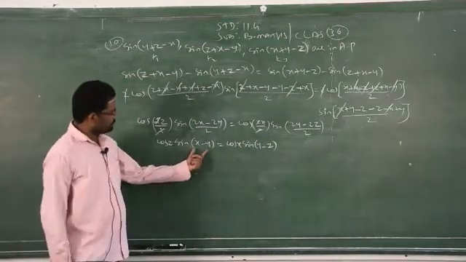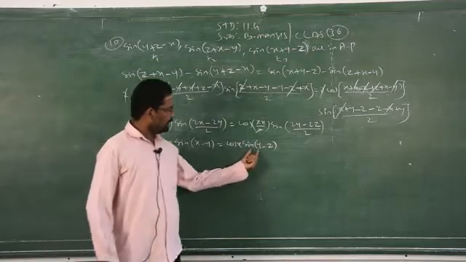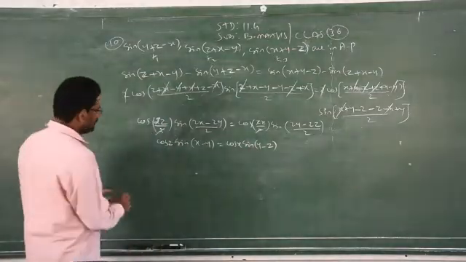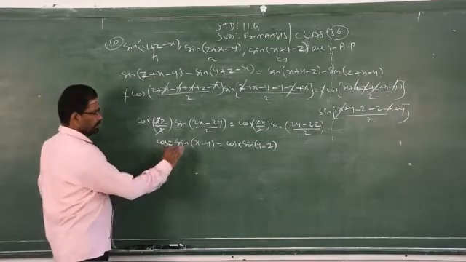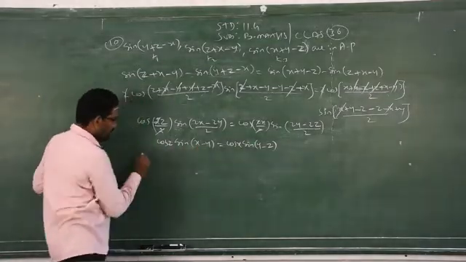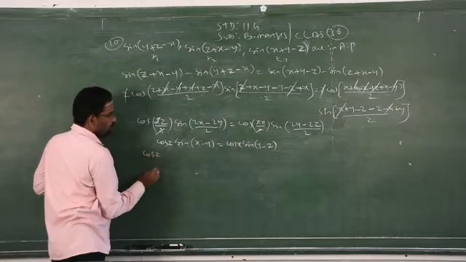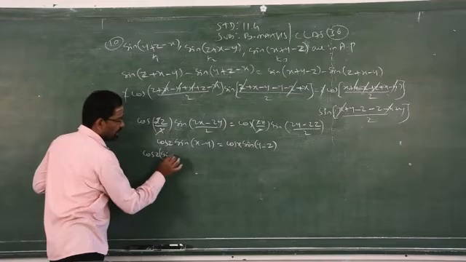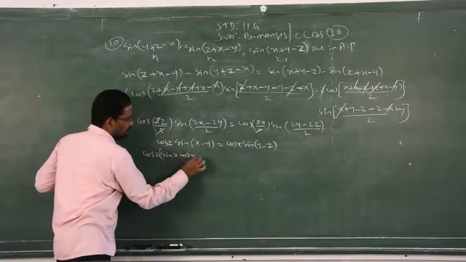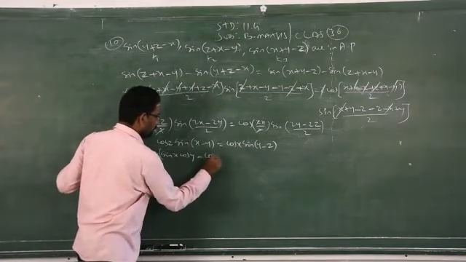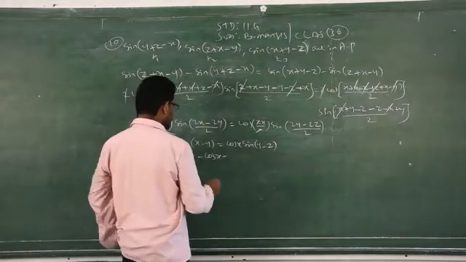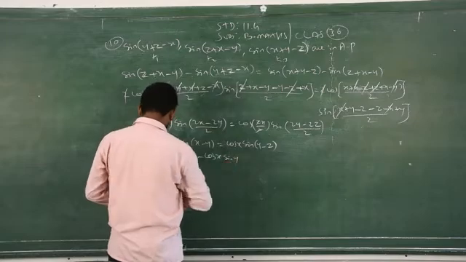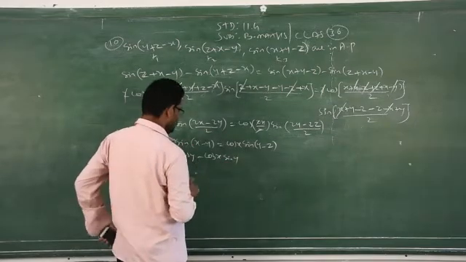Then you have to expand this by what? Sin (a minus b) formula. So just expand using the sin (a minus b) formula on both sides. You will get cos z is equal to, what is the formula for sin (a minus b)? Sin a cos b minus cos a sin b. Clear?